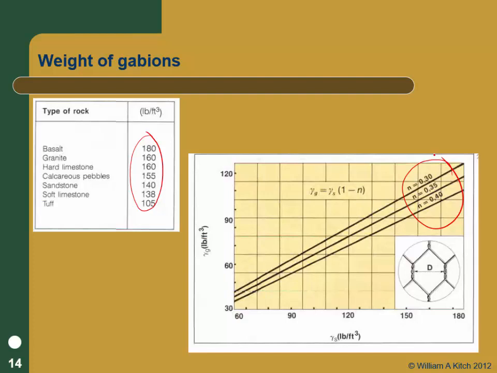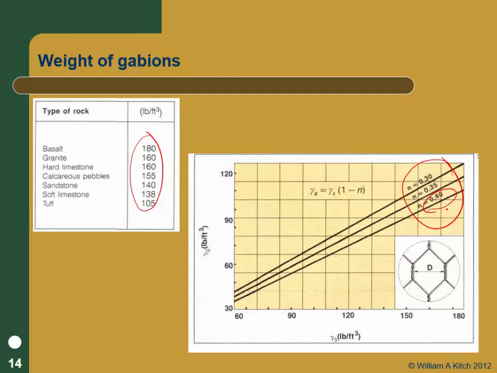If you're going to loose dump it, by the way, a porosity of 40 is a very loose material for cohesionless material. Those of you that took 531, you could go back and check. Remember we did the maximum and minimum densities based on spherical packing and stuff. That's really loose.